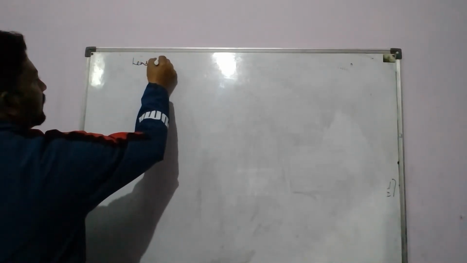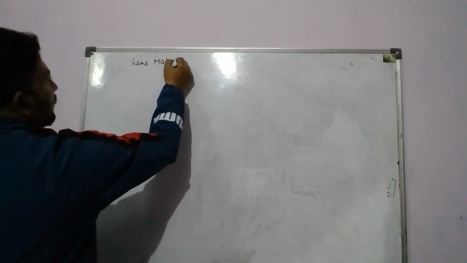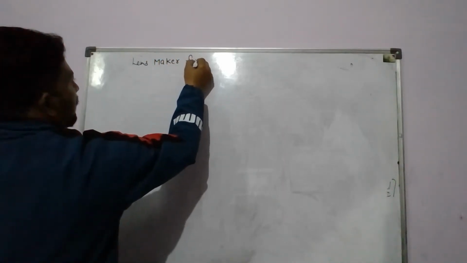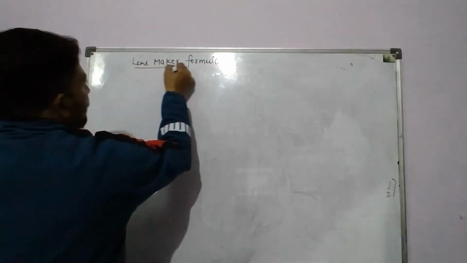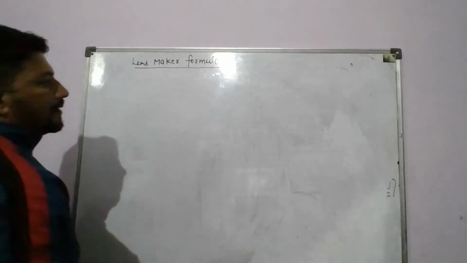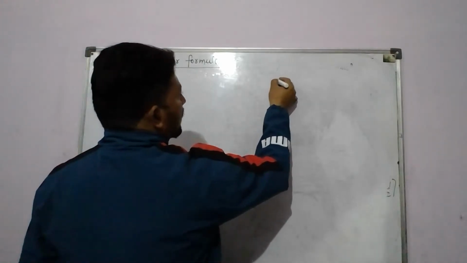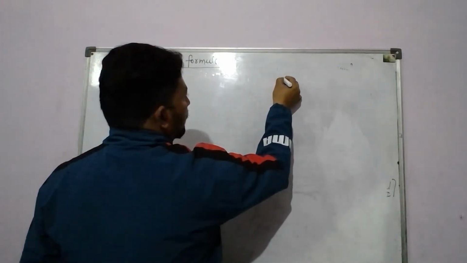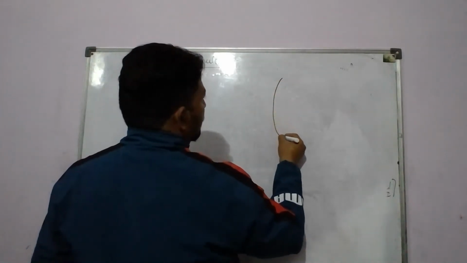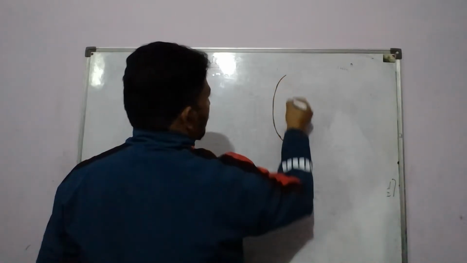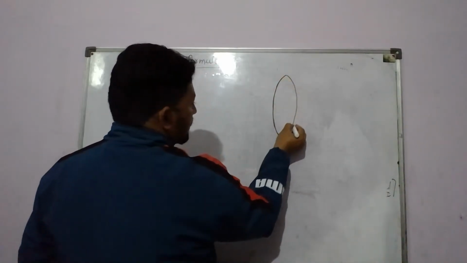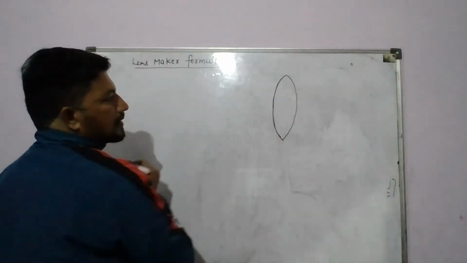Lens maker formula. Listen carefully. It's a convex lens.